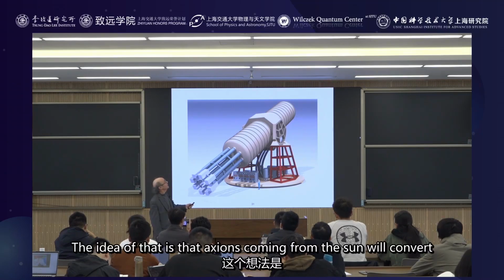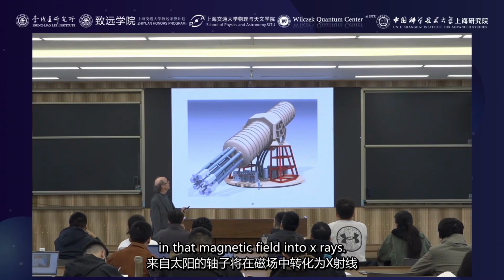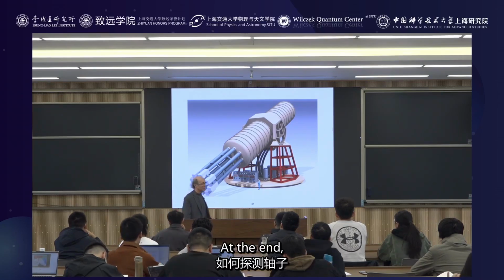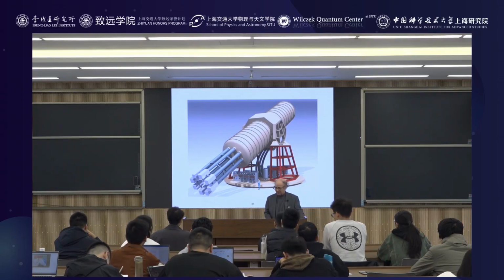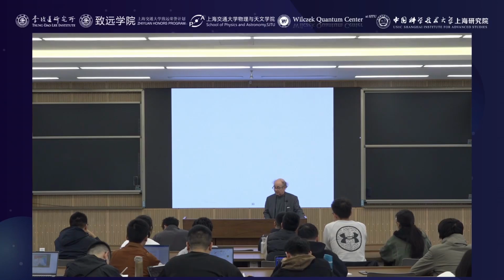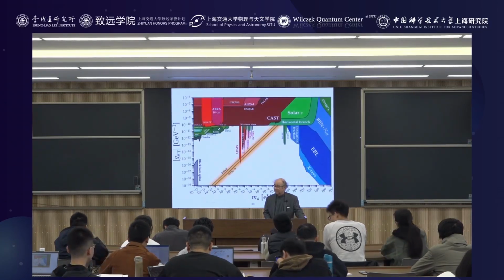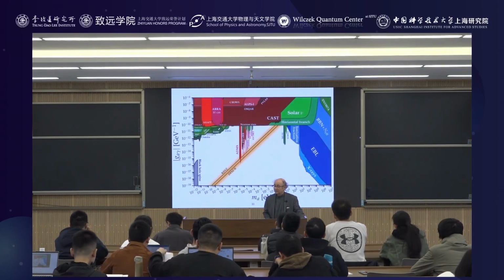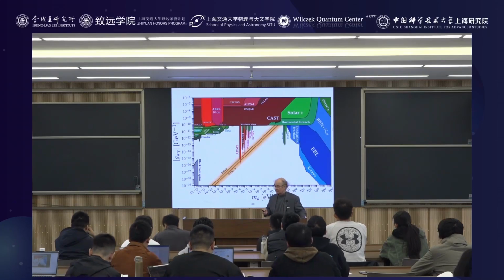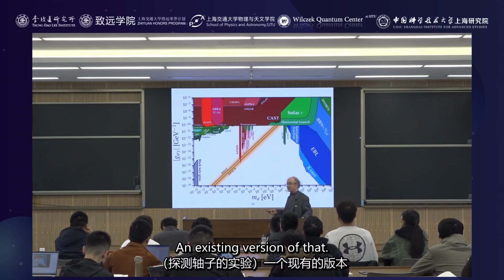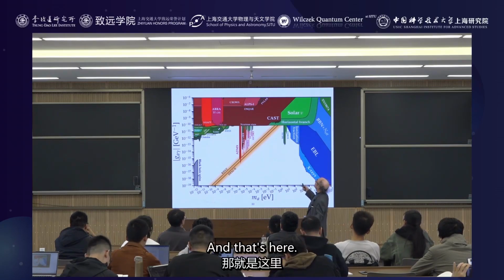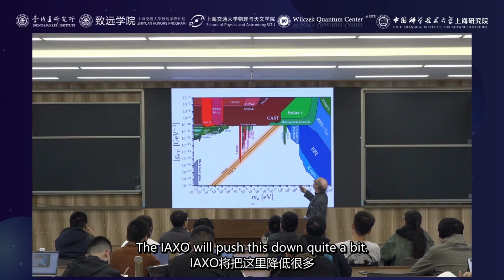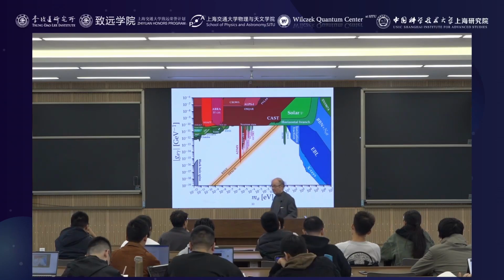And the idea is that axions coming from the sun will convert in that magnetic field into X-rays, which then you detect at the end. This is called the IAXO project. If we go back, an existing version of that experiment is called CAST, and that's here. IAXO will push this down quite a bit.